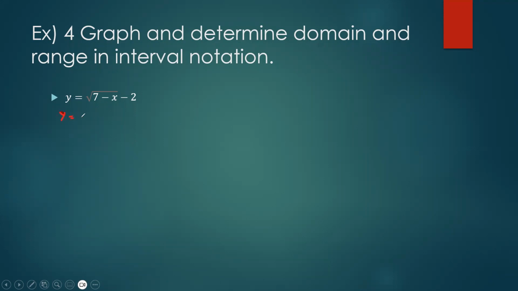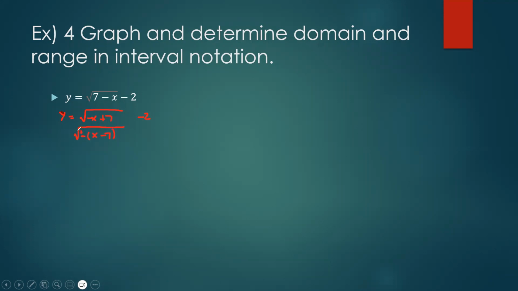Let's rewrite the inside of the square root as negative x plus 7, and then minus 2. You can factor out a minus inside the square root, so this would be minus, and then x minus 7.